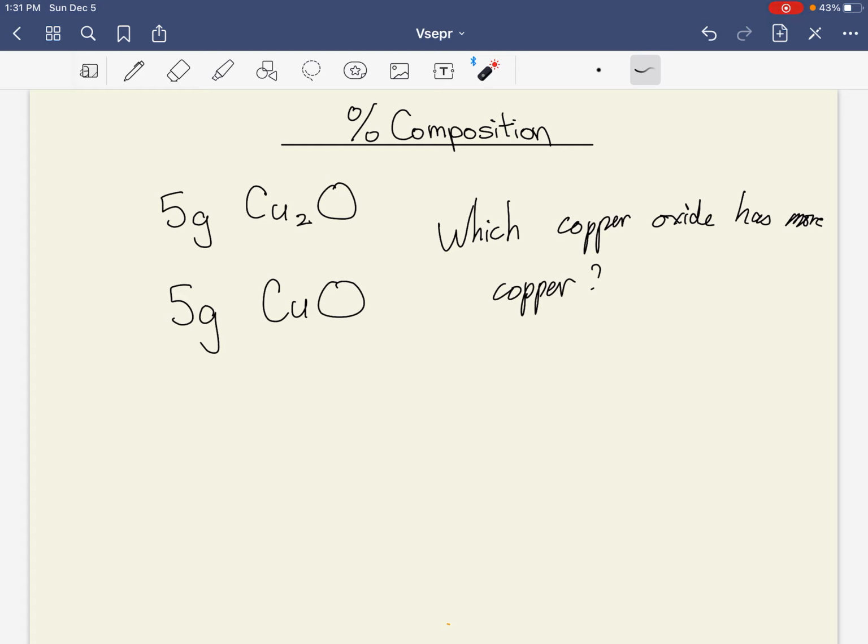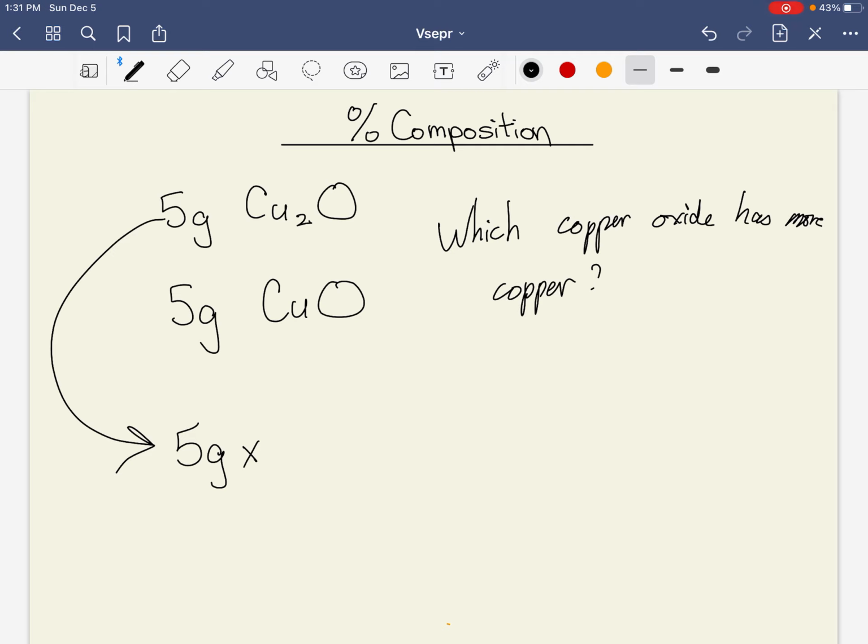That's pretty simple. That is kind of like the question we had earlier. So let's take a look at the amount of copper you get for 5 grams of copper 1 oxide. So out of 5 grams of copper 1 oxide, how much of it belongs to copper? Let me first search for something. I kind of forgot the mass of copper.